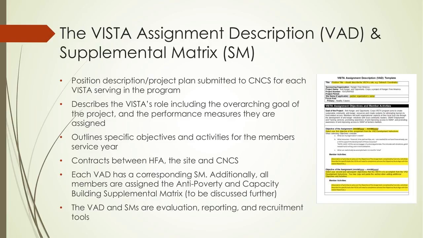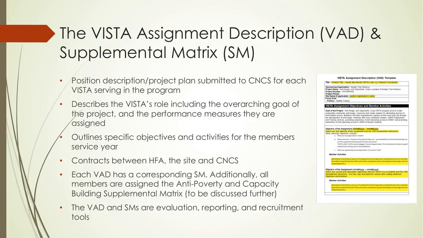And for SMs, for each objective on the VAD instruction sheet, there is a corresponding goal on one of the supplemental matrices. So you'll need to set goals on the SMs for each of the objectives that you choose. So those goals will be numerical values, and you'll also describe what types of materials or how many organizations, for example, you'd like them to work with, or different things like that.